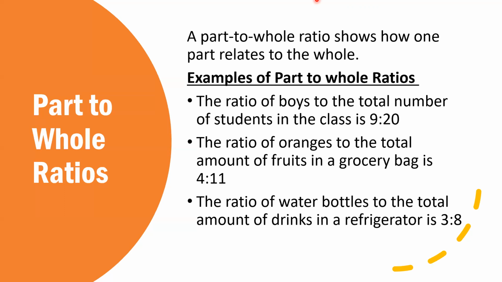Yes, that's a part to whole ratio. All right, so that's what we mean by part to whole ratio. We have one part relative to the whole. Okay, that's part to whole ratio.